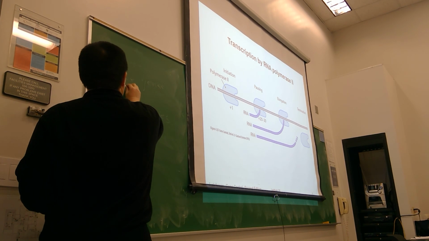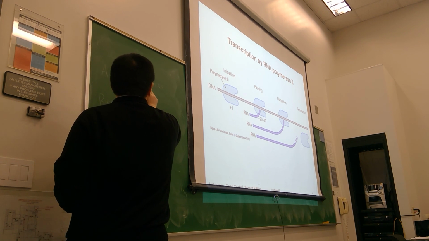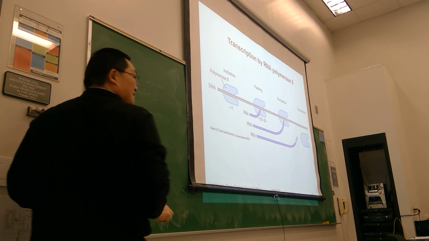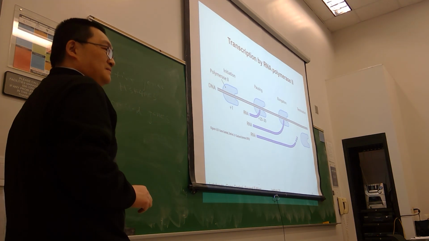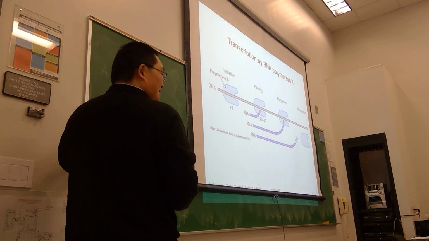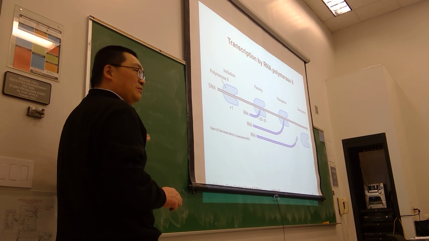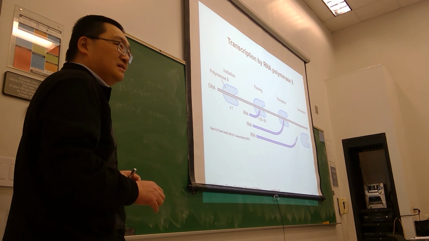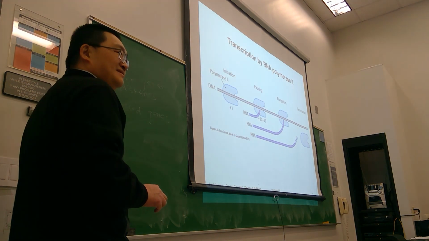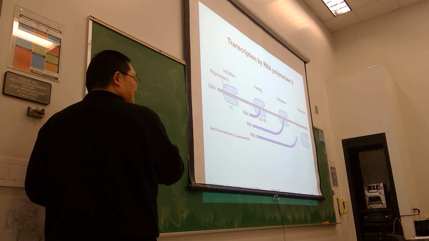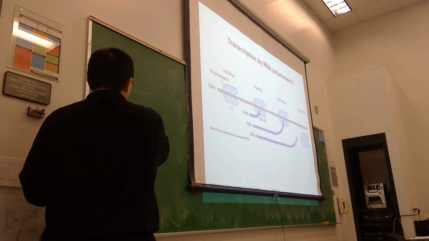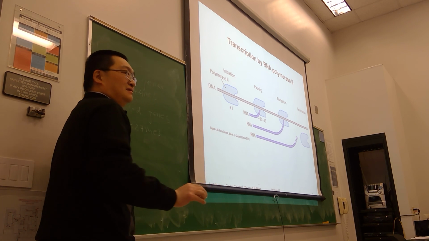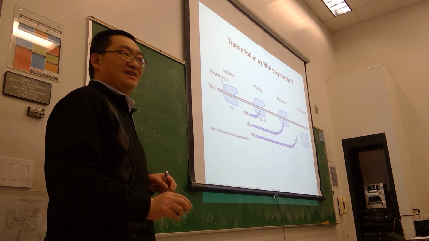This one is marked by H3K4. I hope that they will talk about that. Another is repressed genes, which can be divided into two. One is H3K27me3.